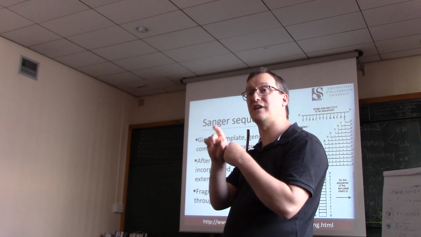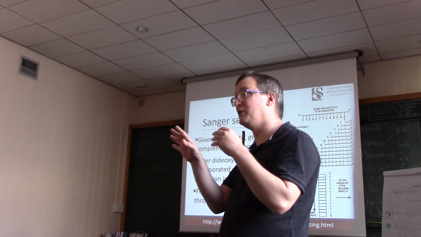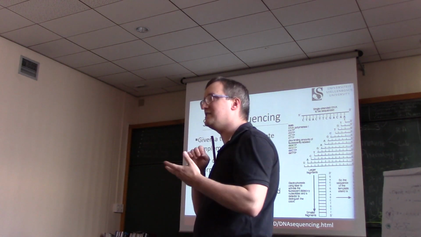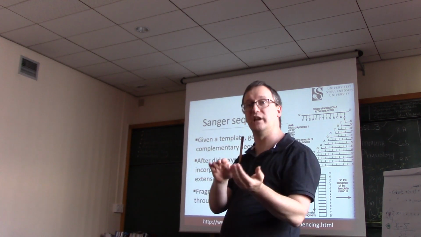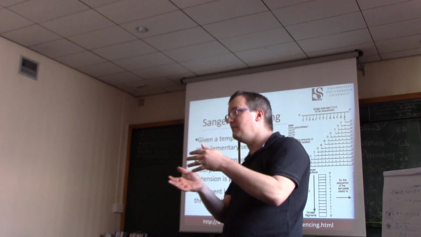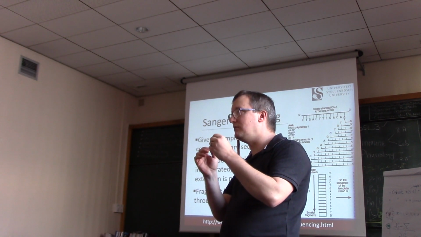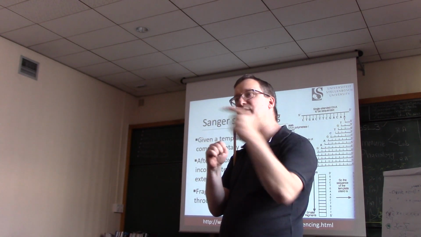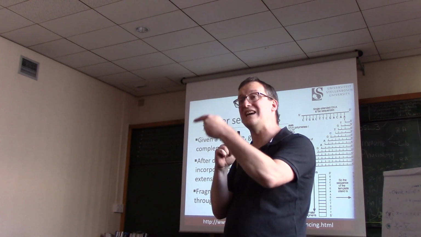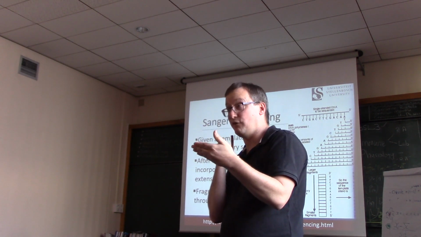Right? So if it doesn't have that hydroxyl there, you've got no ability to add more nucleotides after that point. So if your sequencing mix has mostly normal nucleotides, but some fraction of dideoxy nucleotides, anytime the complementary strand is being built and it hits a dideoxy nucleotide, it can't build any further.